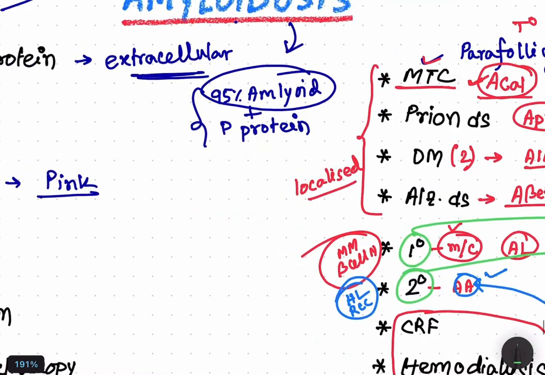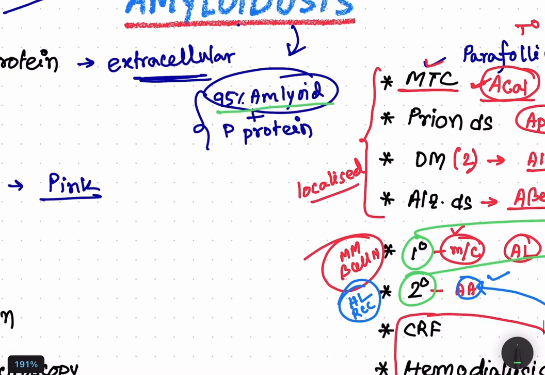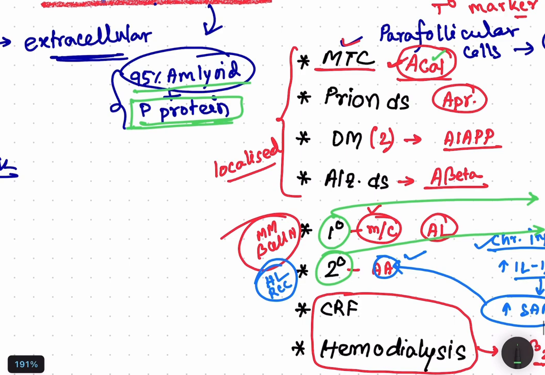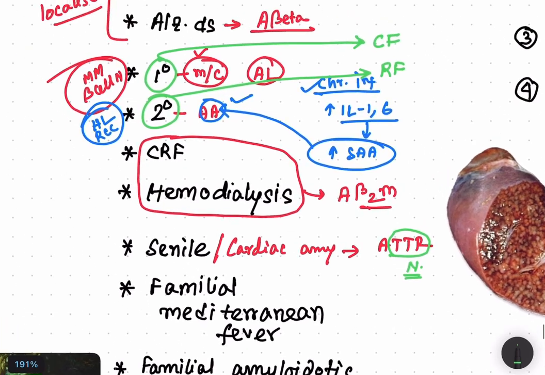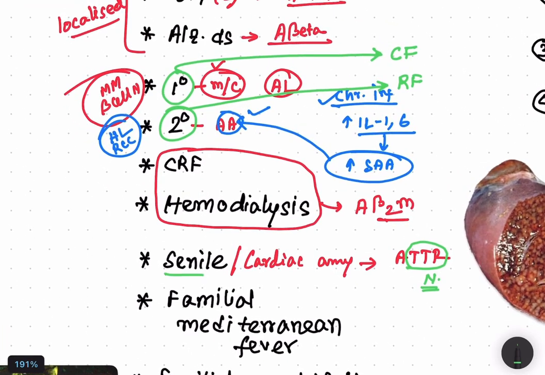As I told you, there is amyloid with a mutant protein that is specific to specific diseases, like here the calcitonin is mutant, here the prion protein is abnormal. But here in the senile condition it is normal, because remember the aging is normal. In aged cardiac patients this is the normal transthyretin getting deposited.